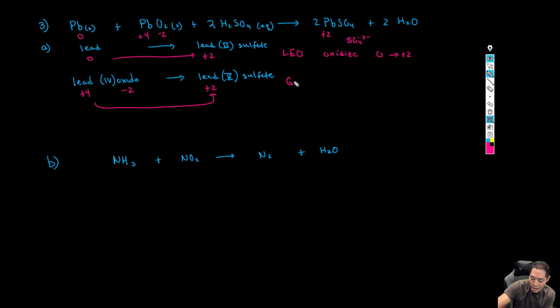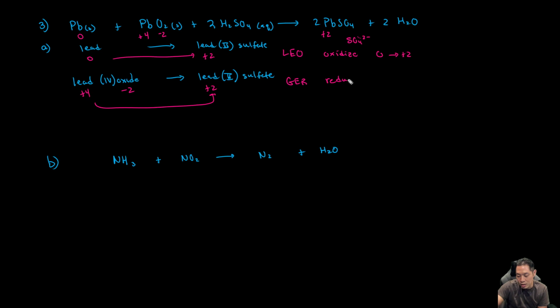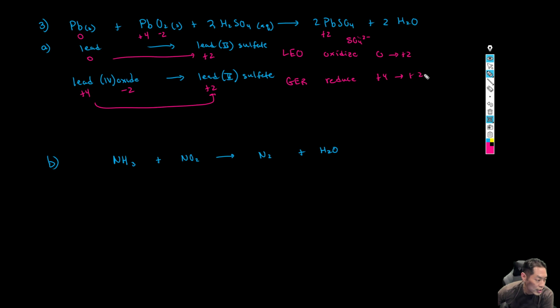So it is gaining electrons, reduced because it's going from +4 to +2. All right, let me just make sure I covered everything, and that's actually what's happening. So yeah, the lead metal is being oxidized, and then the lead 4 oxide is being reduced.